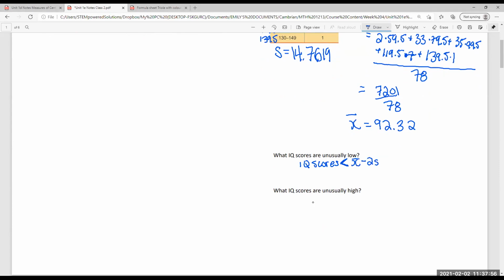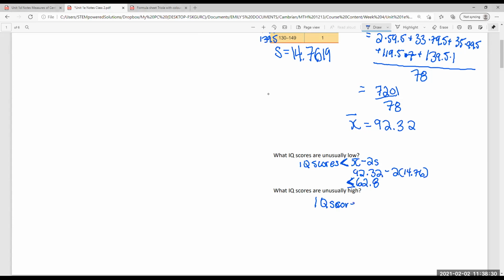So that's basically 92.32 minus 2 times 14.76. So it's less than 62.8. So that's what the IQ scores have to be, less than or equal to 62.8. And what about IQ scores that are unusually high? Yeah, so Stephen's saying less than.